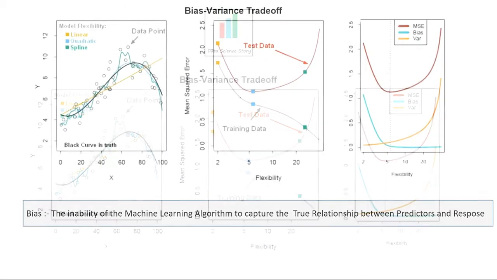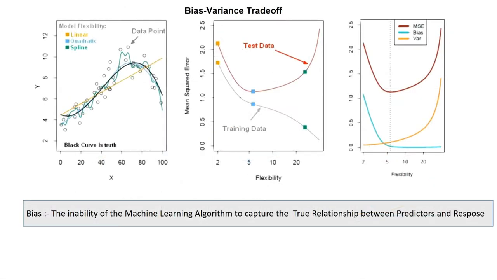So what is bias? Bias is basically the inability of a machine learning algorithm to capture the true relationship between predictors and response. Here you can easily see that the black line on the left-hand side of your screen is the true relationship between x and y, and three different models are used to replicate this true relationship.